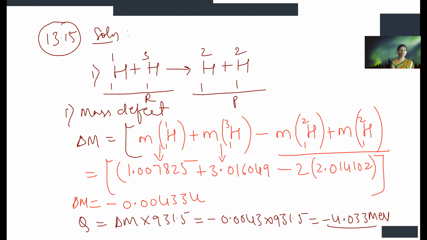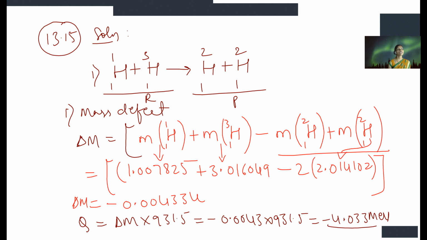So hydrogen nuclei having mass number 2, there are 2 nuclei. So substitute those values. 2 is kept as it is, and mass of hydrogen having mass number 2 is 2.14102. So if you calculate delta M, the mass defect, we are getting minus 0.00433 atomic mass unit.